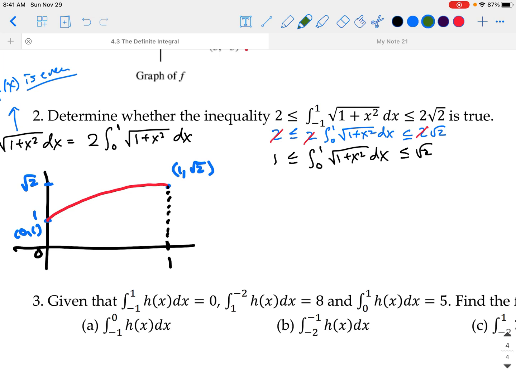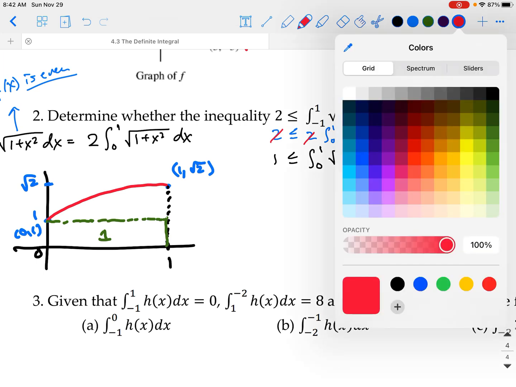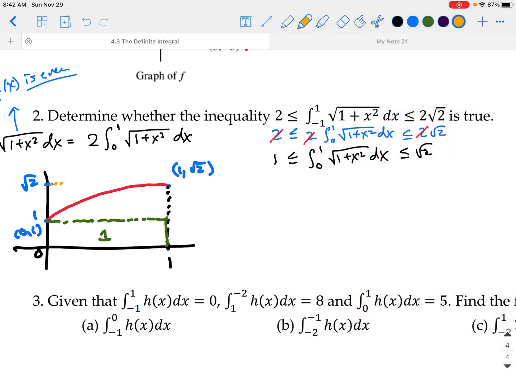We'll note that if I just drew a straight line from the initial point of the curve at 0, 1, I get a rectangle with area 1. And if I use a different color, maybe orange, and draw a line from radical 2 and create a rectangle, that area would be radical 2 by 1, so radical 2.